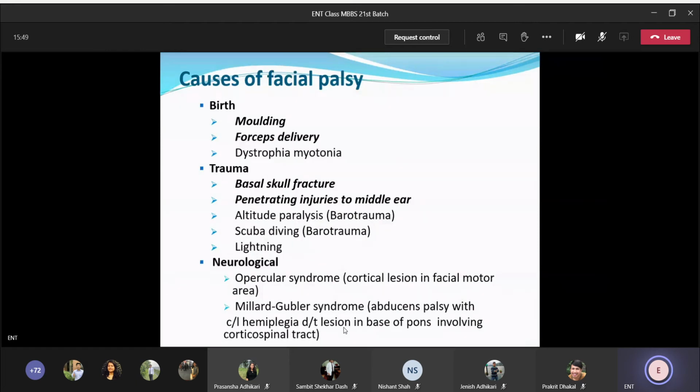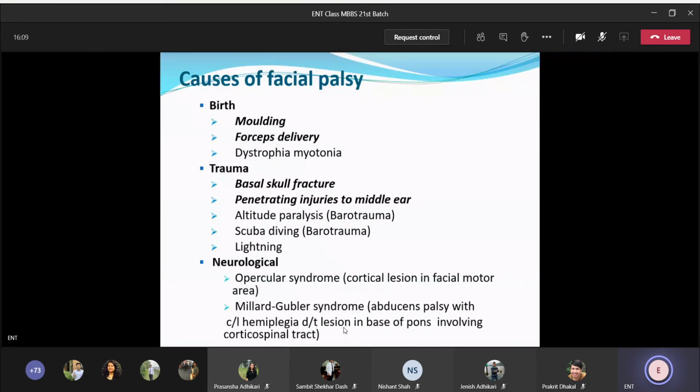Now, causes of facial nerve paralysis. If there is a paralysis of the facial nerve, that is known as facial palsy. The causes are different, starting from birth. It may be birth molding, or present in forceps delivery when the child is delivered with forceps.